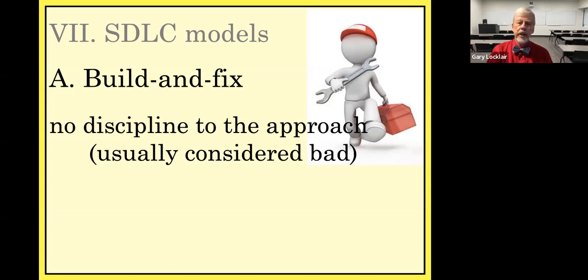Usually considered bad, right? No one would admit to doing build and fix. Could be some that do this, but it basically means there's no framework, there's no structure, there's no guidelines. There really is not much of a model at all. And this is why historically there was the software crisis. Over budget, behind schedule, full of bugs.